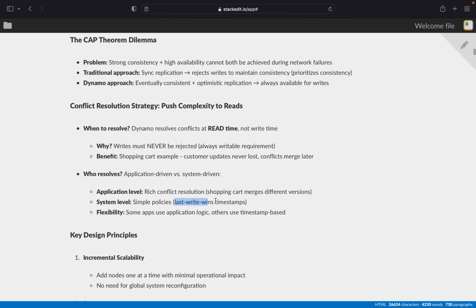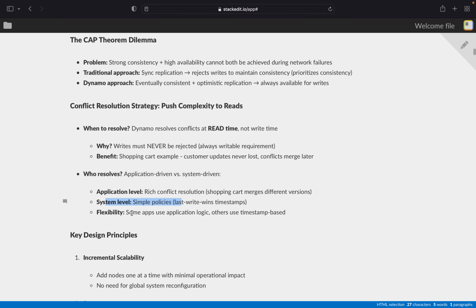Let's suppose there are two nodes, one has written x equals a at time t1, and another has written x equals b at t2, and t2 is greater than t1. In that case, the valid write is x equals b, right? So that's what system level conflict resolution is.